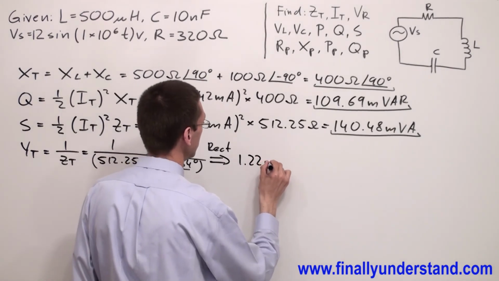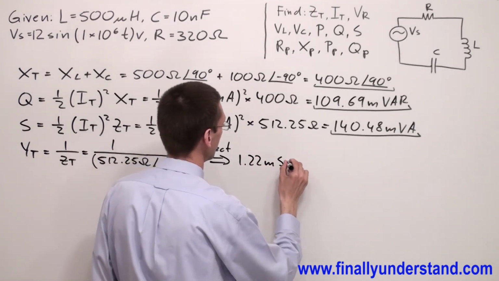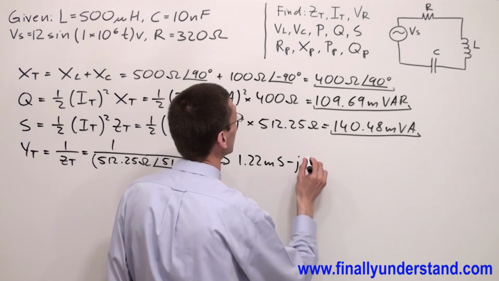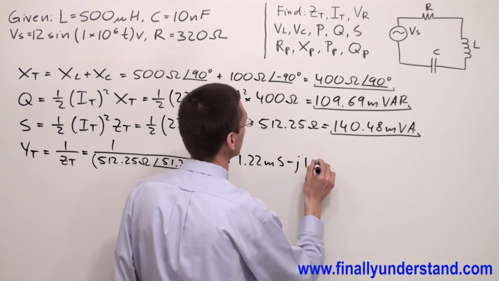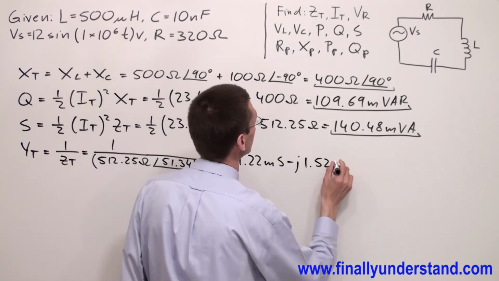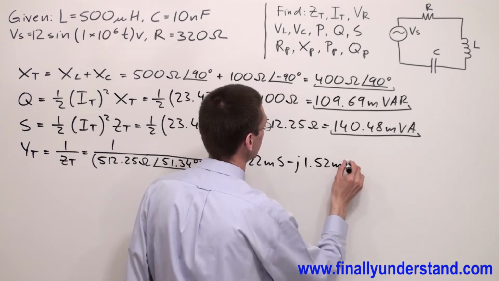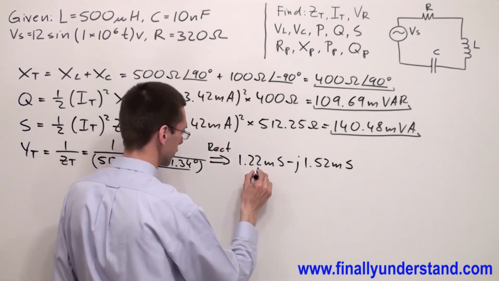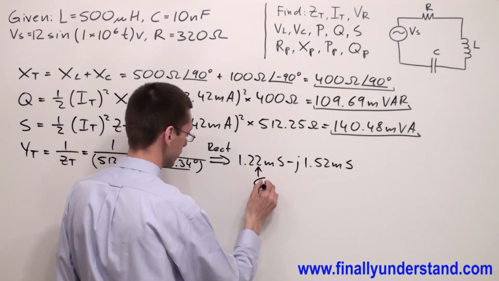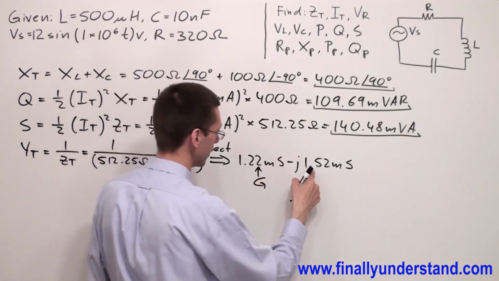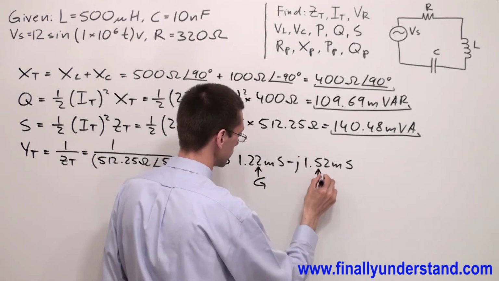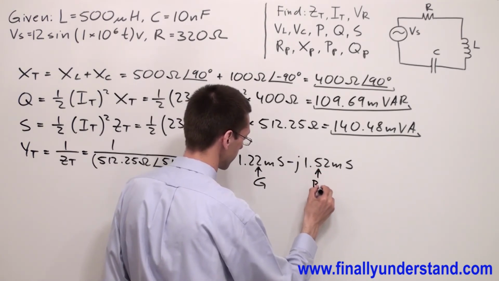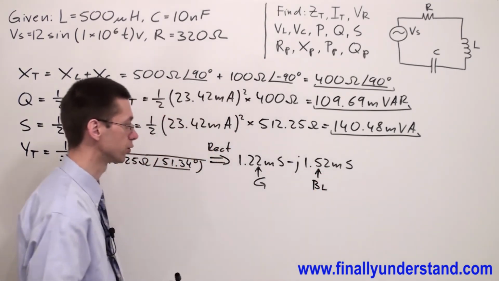1.22 millisiemens minus J 1.52 millisiemens. Okay, so this is my conductance and this is my inductive susceptance. Why inductive susceptance?